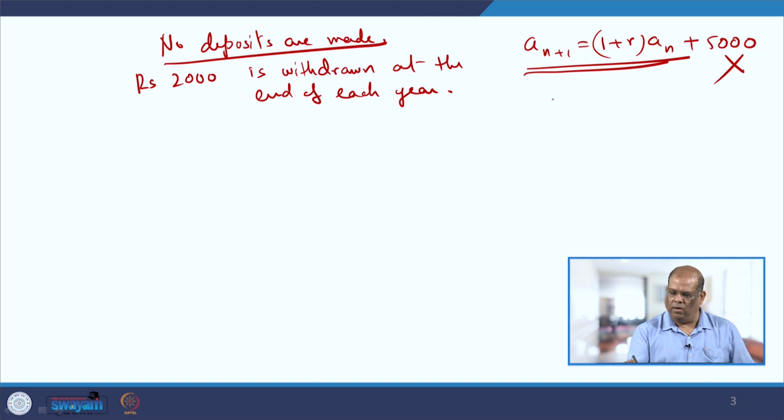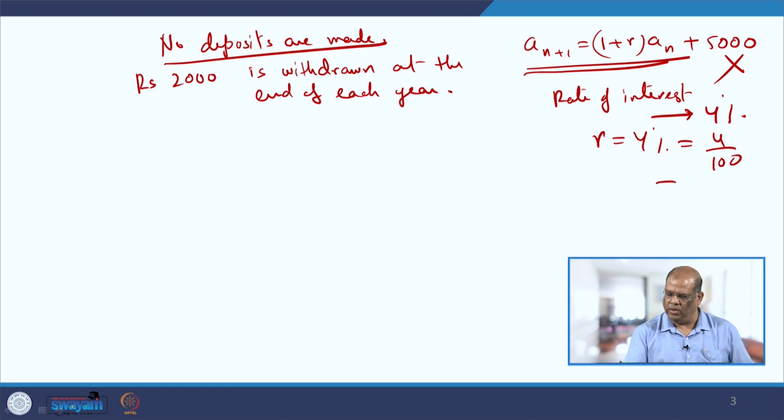We keep the rate of interest at 4%. So, r is 4 by 100, which remains the same, 0.04. What you want to know is how much initial deposit you must make such that your balance is never 0. To find that, we take two assumptions.